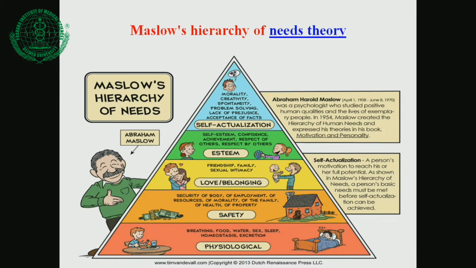Now, after the fulfillment of the physiological needs, the person wants safety. People living in the forest normally take care of the physiological needs, but some security feeling is preferred, so they started to build a hut, or they started to build a home.